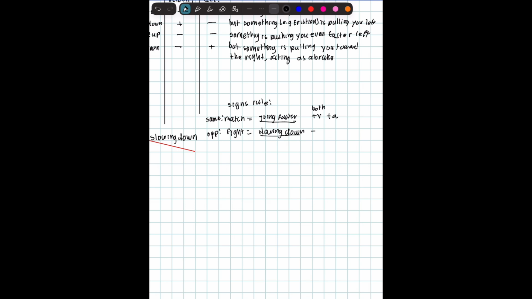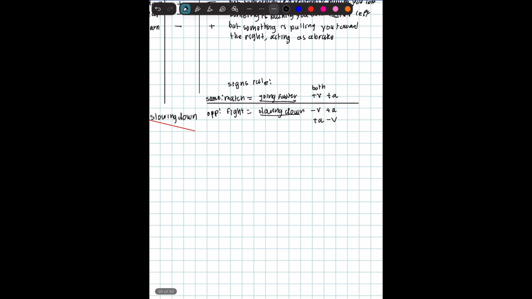And if you have negative velocity and positive acceleration, that is opposite. Your takeaway is that acceleration can oppose motion.